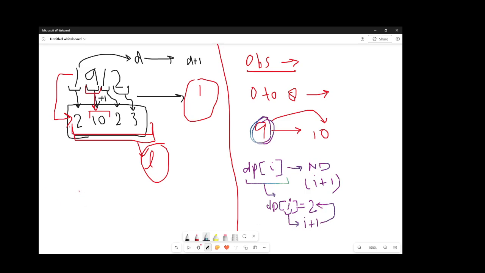Let's derive the case of n properly, like what would be happening with n. Then we'll be able to write the approach further.